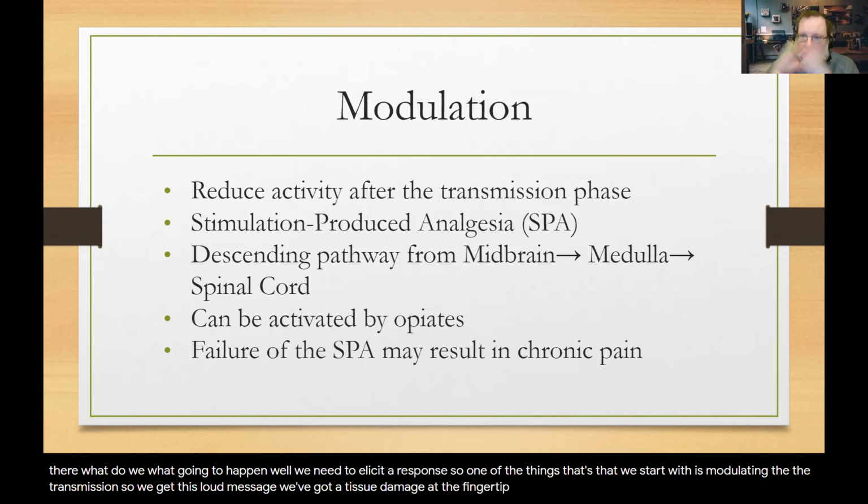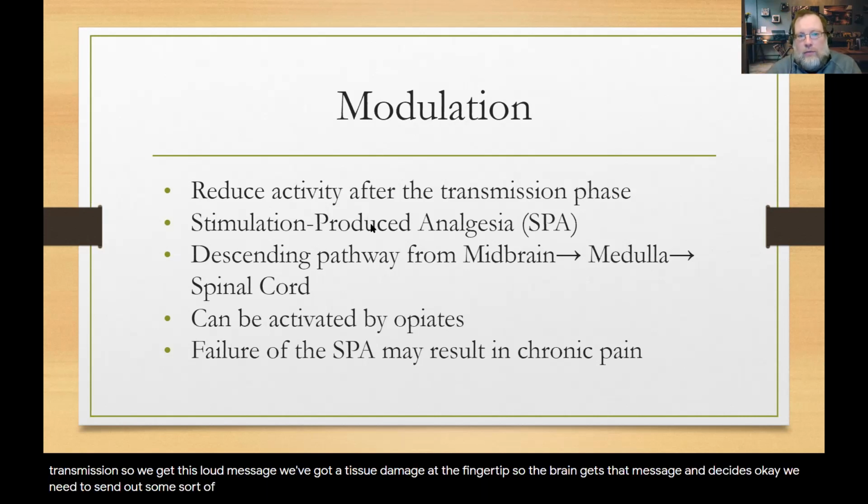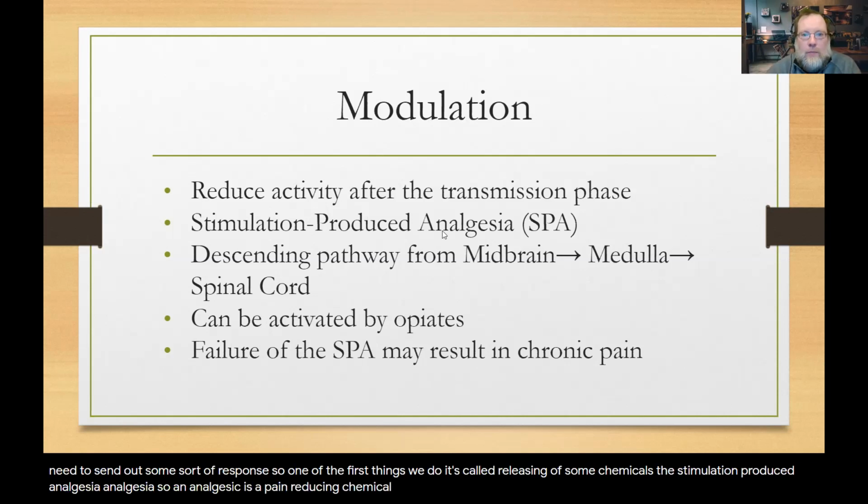The brain gets that message and decides, okay, we need to send out some sort of response. So one of the first things we do is release some chemicals, the stimulation-produced analgesia. An analgesic is a pain-reducing chemical. Algia means pain. An means without, so without pain.